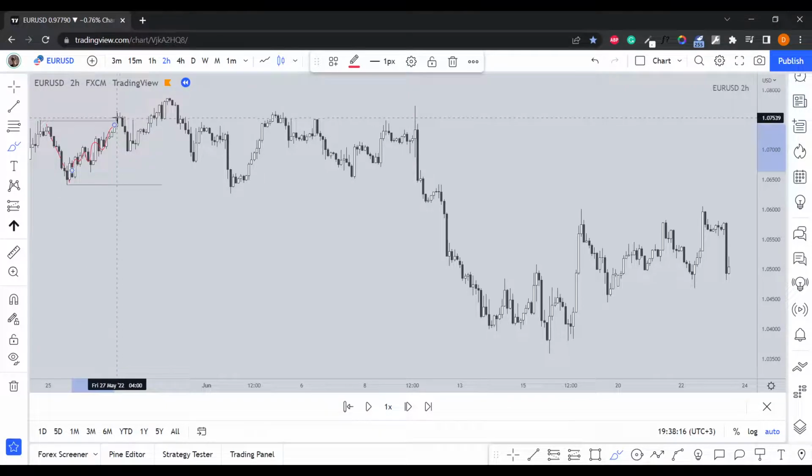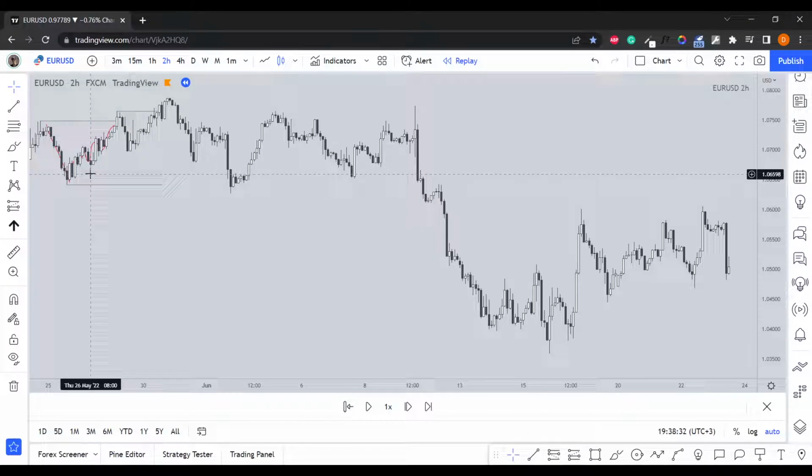And as you see, at this point, this candle closed above the high of the previous range, and now it created a new structural high, this one, and it came from here.